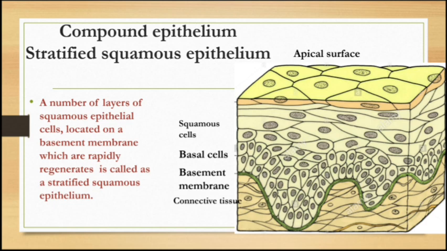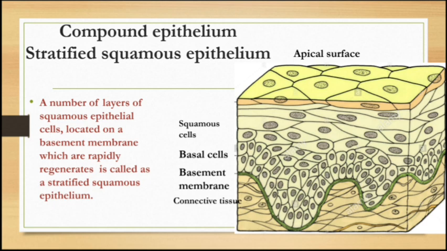They divide continuously and rapidly, and they make new cells for the epithelium. So the old cells are removed from the body. For example, in our human skin, we can identify this stratified squamous epithelium.